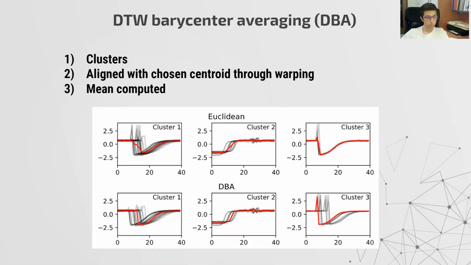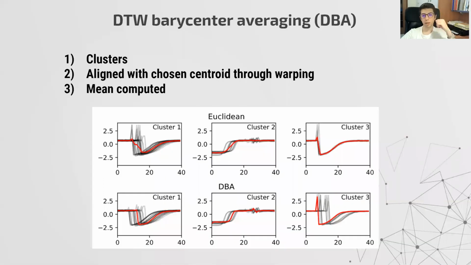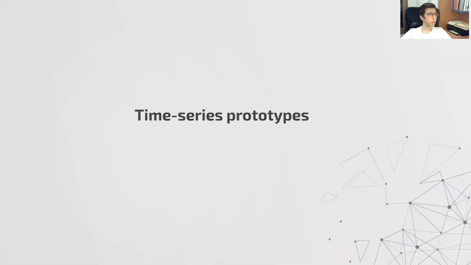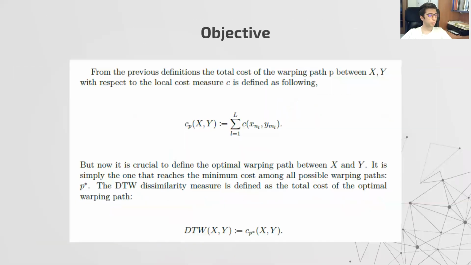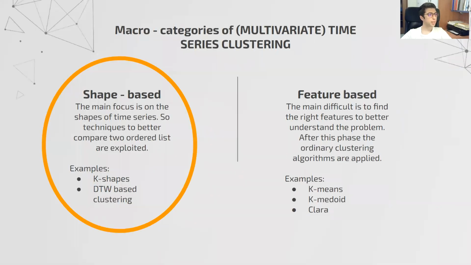So these are the three approaches to consider in order to evaluate a centroid, a representative. These are the two distances to evaluate the clusters themselves, and this is the approach that we are using.